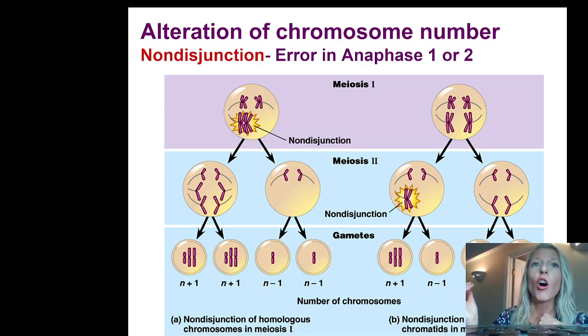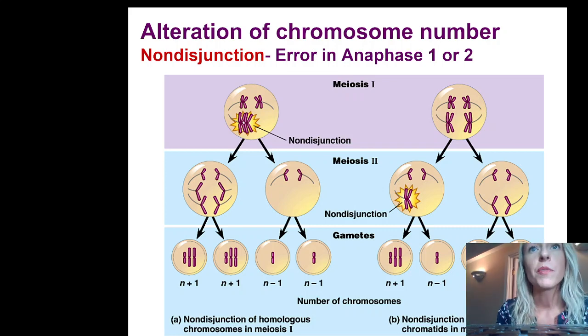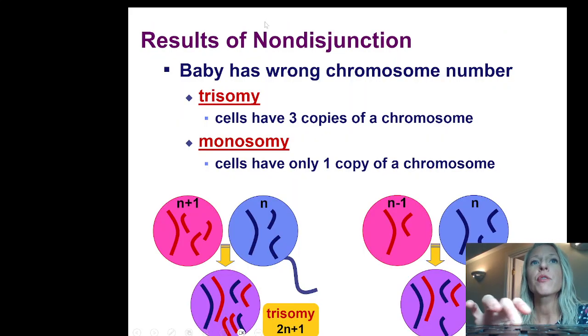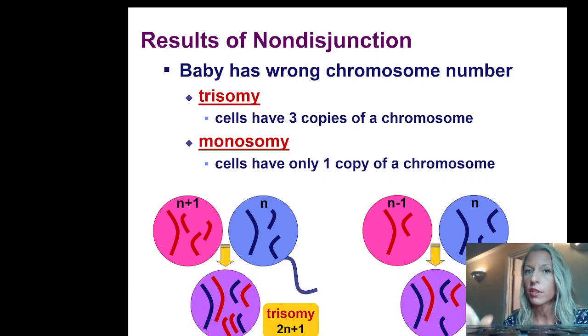So here we have an error in anaphase 1 or 2 of meiosis, where your homologous chromosomes or your sister chromatids don't split when they are supposed to, and then you end up with the wrong number of chromosomes. The result of non-disjunction can be trisomy, where you have 3 copies of a chromosome, or monosomy, where you only have 1 copy of a chromosome.